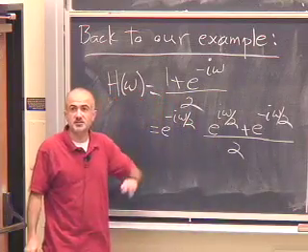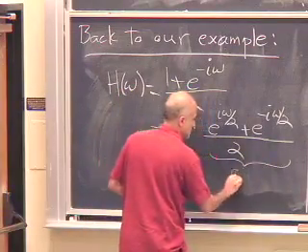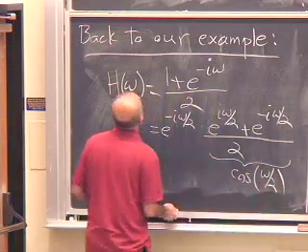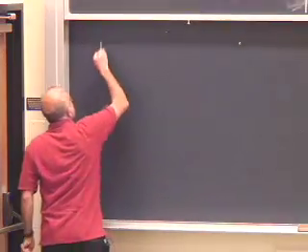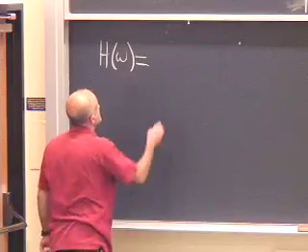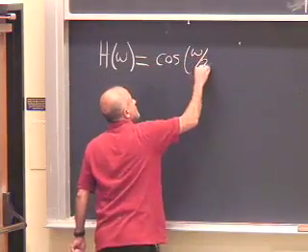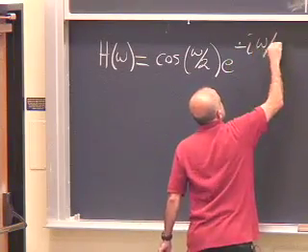That looks pretty nice, doesn't it? What is this? This is cosine of what? Omega over 2. So I have now managed to convert H of omega into something that looks a heck of a lot friendlier: cosine omega over 2 times e to the minus i omega over 2.